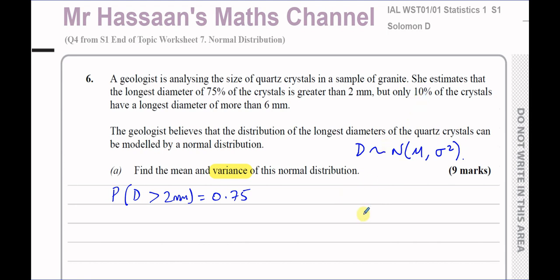And also, the probability that the diameter is more than 6 millimeters is 10%. We know that they're normally distributed, so we can use our normal distribution bell curve and our tables to get the answer that we need.